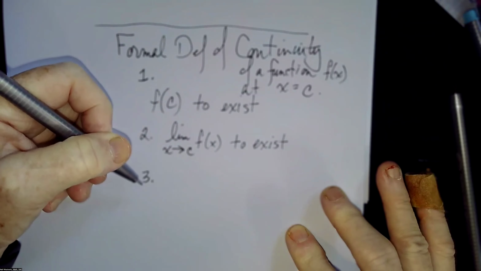And then third, we put these together. We need f of c to equal the limit as x approaches c of f of x.